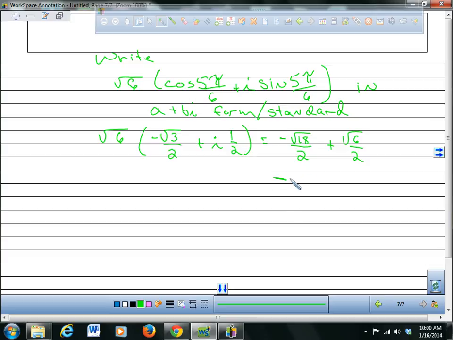If you left it like this, I'd be okay. So negative 3 root 2 over 2. Whoops, I forgot the i. Don't forget your i. Plus i, and this you just have to leave as root of 6 over 2. Questions? Easy as pie?